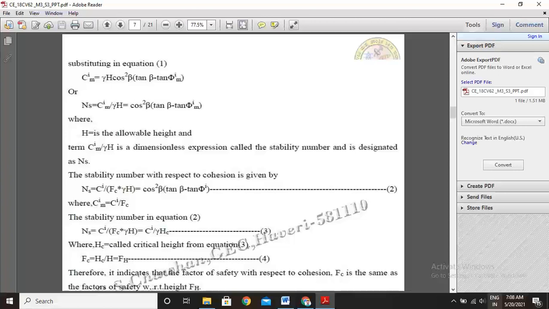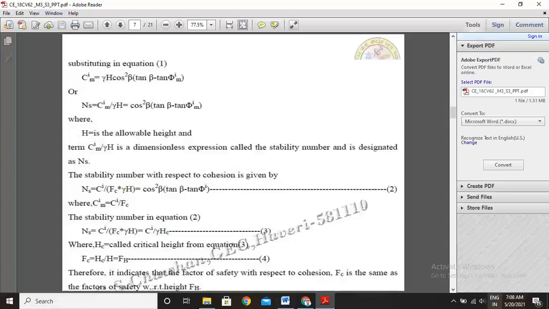These equations you should remember carefully for the explanation of Taylor stability number and for calculation of problems. These equations are more helpful while solving numerical problems. So up to this, all theories are over in part 1 of stability of slopes.